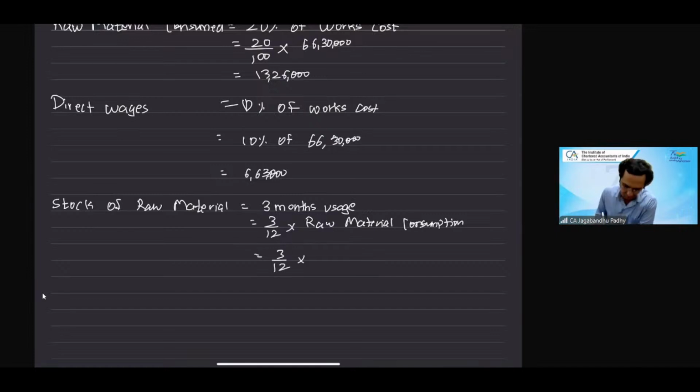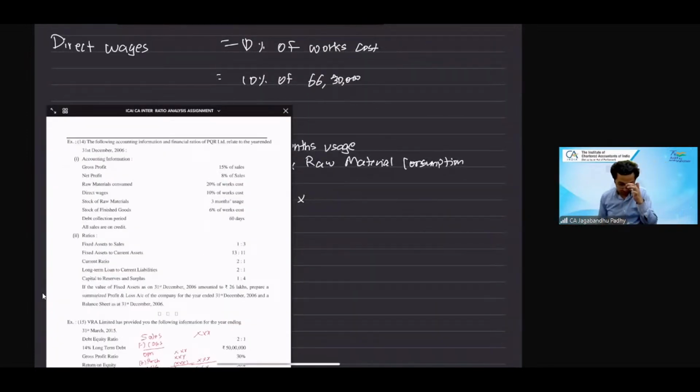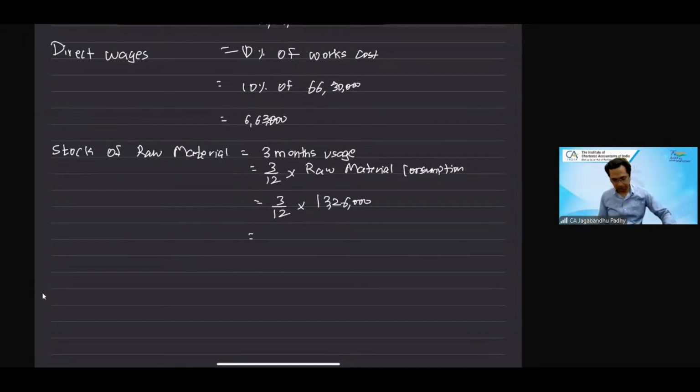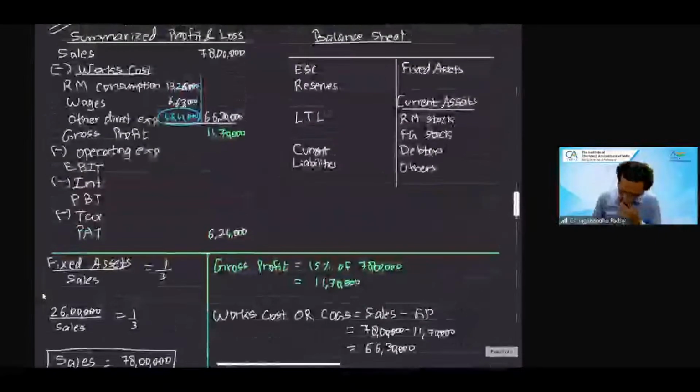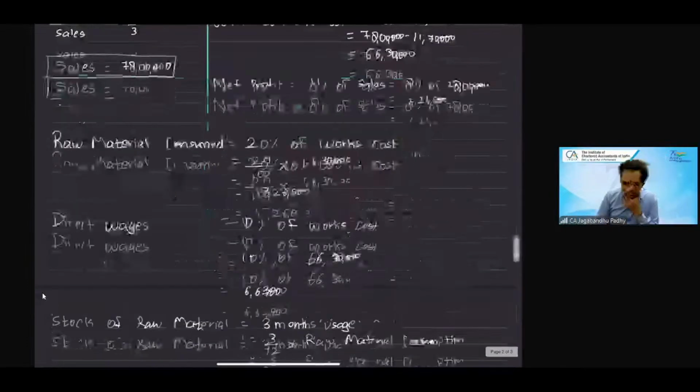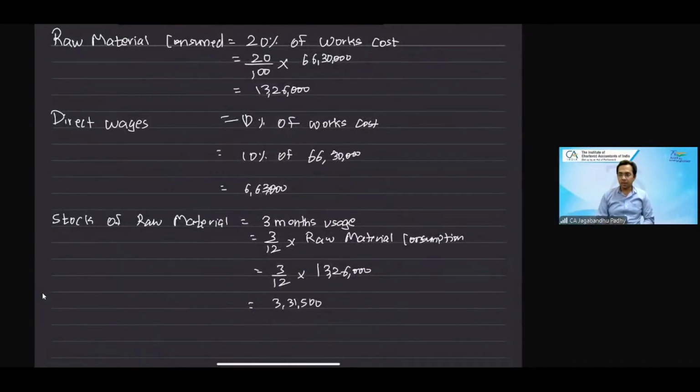Raw material consumption is 13,26,000, already computed as 20% of works cost. So the stock of raw material is 3,31,500. That will go into our current assets.